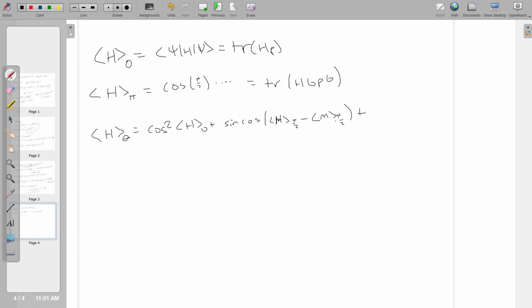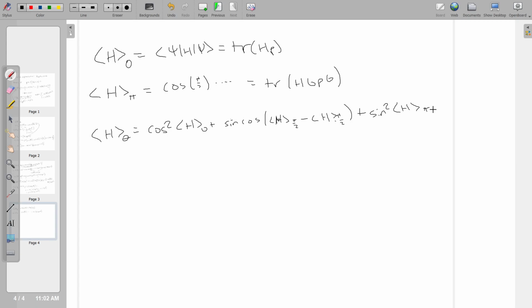And last but not least, we have the plus sine squared. You notice I keep writing m. That's just because that's the term they use in the paper rather than h. And so I keep accidentally writing it because I am looking at the paper simultaneously. And so there we go.